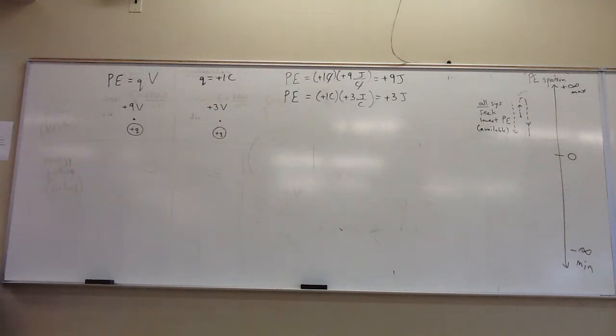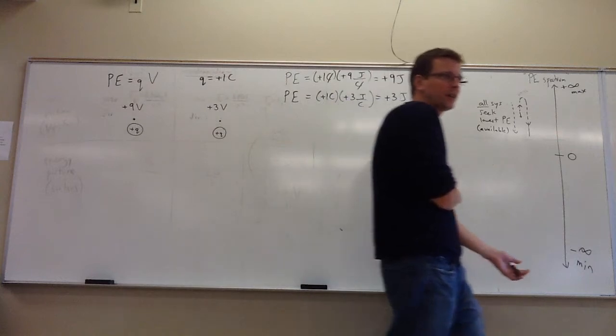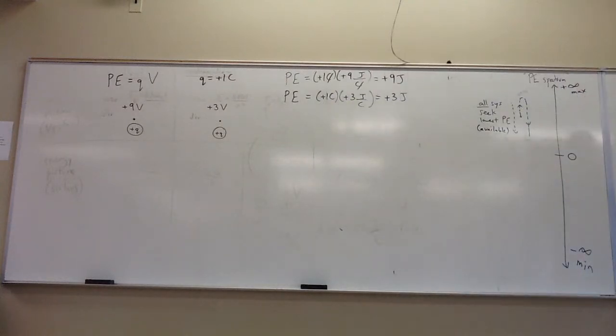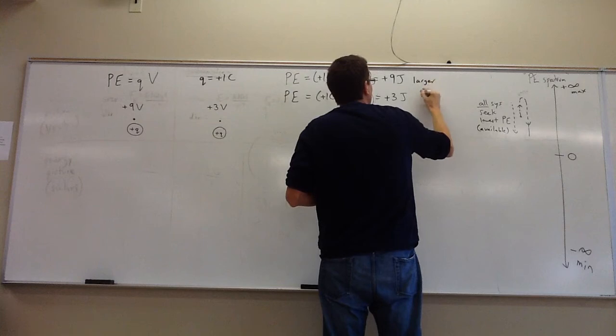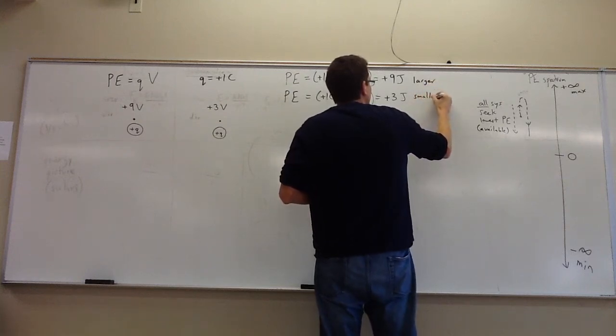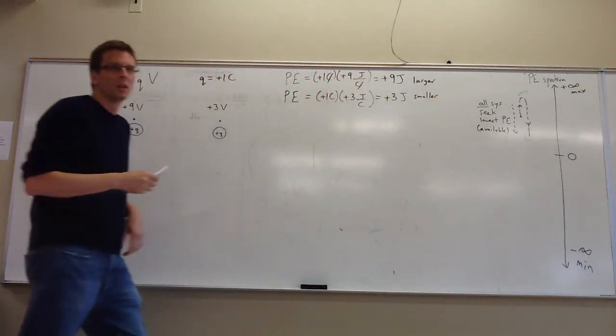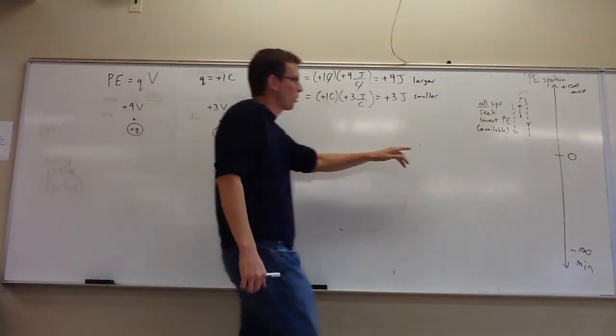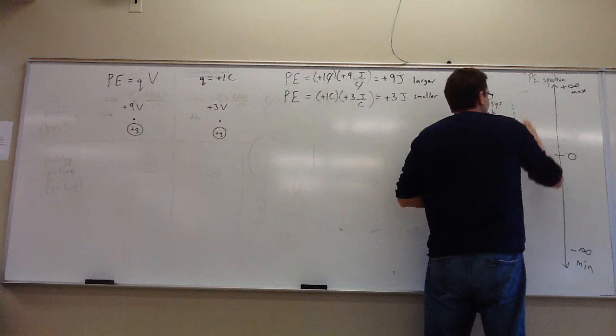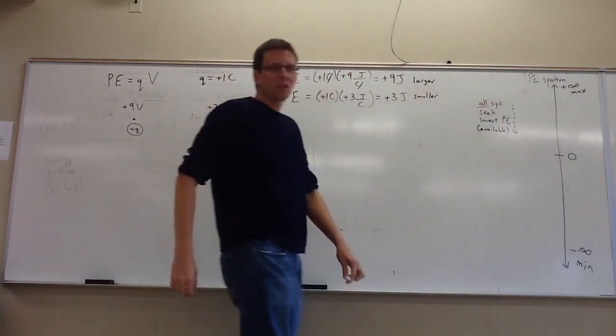All right. Which one of those is a larger value? Which one? 9, right? So this is larger, and this is smaller. And since we know, this is why I left the potential energy spectrum up here, we know that systems seek the lowest potential energy available.